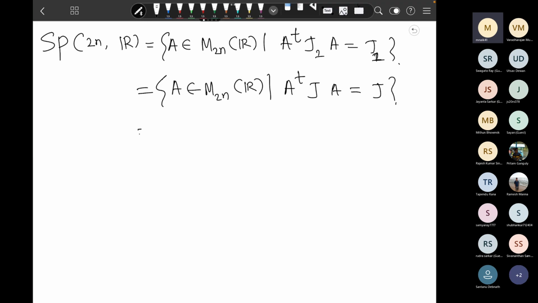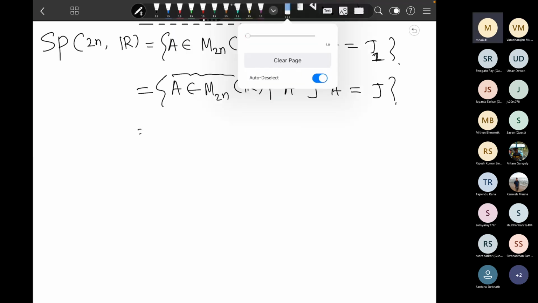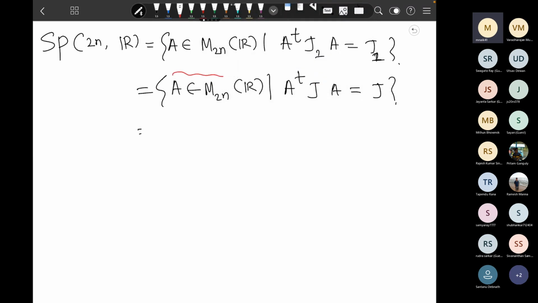And one thing which I should have told you in the beginning: if you look at the books, everywhere books write A belongs to GL(2N,R). They do not write that A belongs to M(2N,R). They simply write A belongs to GL(2N,R), and I told you that these two things are equivalent.